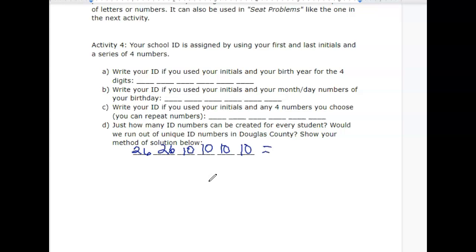And what I get is 26 times 26 times 10 to the 4th power, or 26 times 26 with 4 zeros. We really have 6,760,000 combinations. I don't think we're going to run out anytime soon.